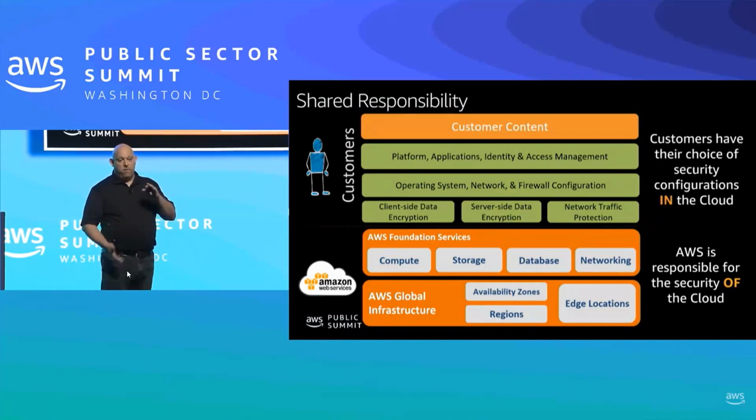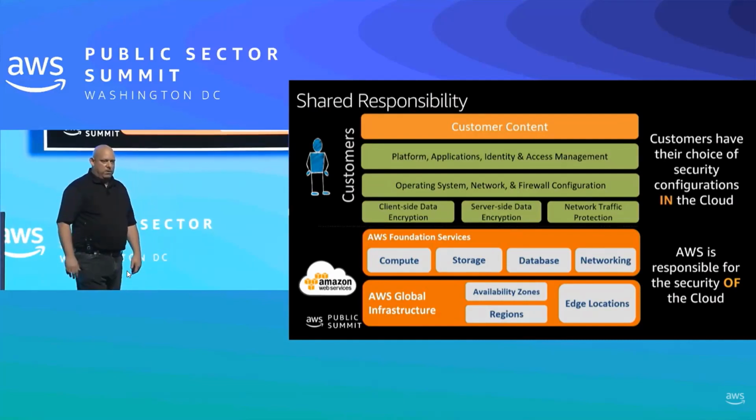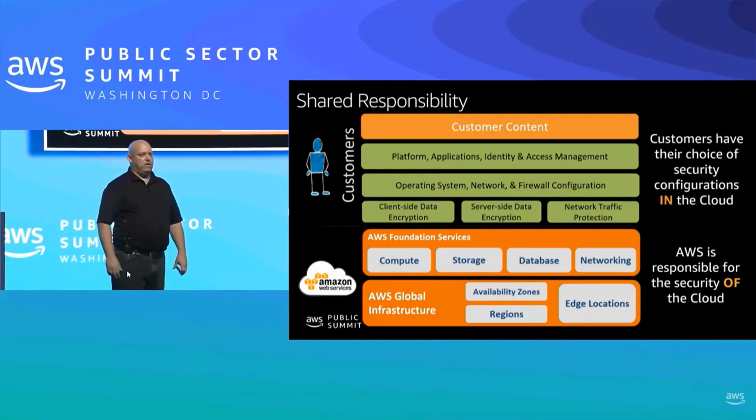And it's that what we call undifferentiated heavy lifting, where we want to take care of that, and we'll provide that, and then in some of the cases, we've got some managed services. So you may think of that like an S3, for example. And then your responsibility is above that, which is the data, the security, again, the resiliency. What level of redundancy do you want to have in your system?